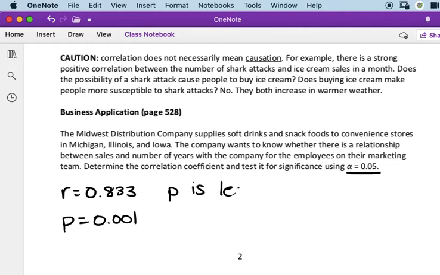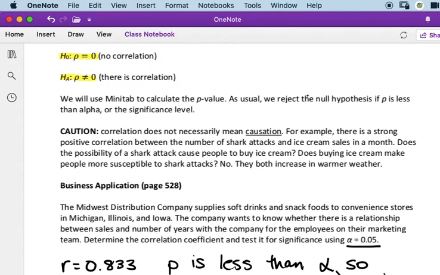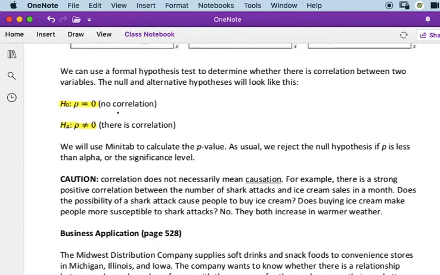P is less. So we can reject the null hypothesis. And then remember what our null hypothesis was. Null hypothesis was that there was no correlation.